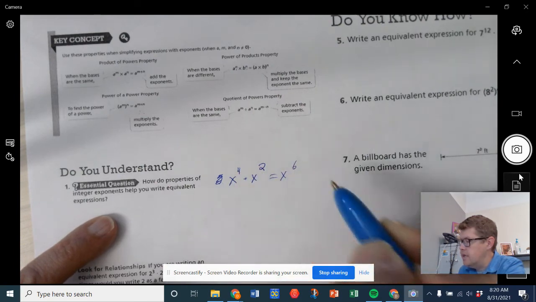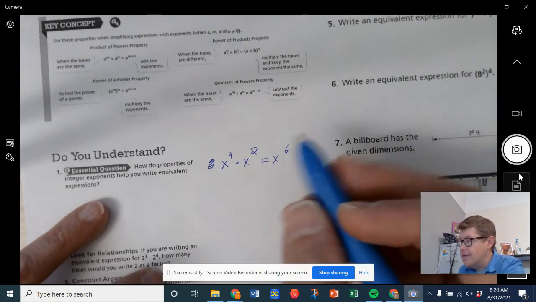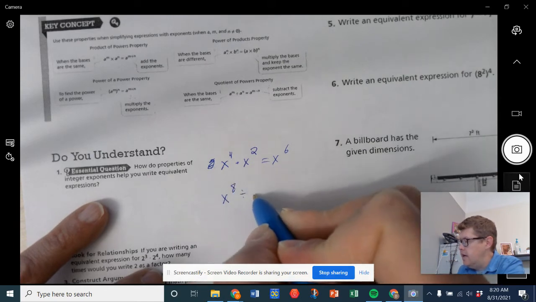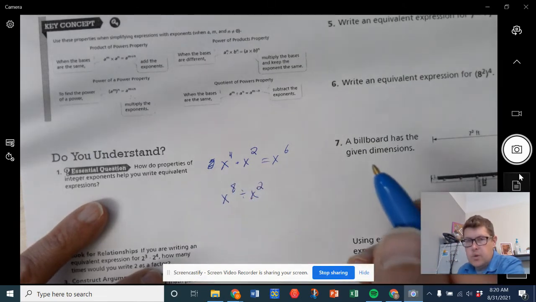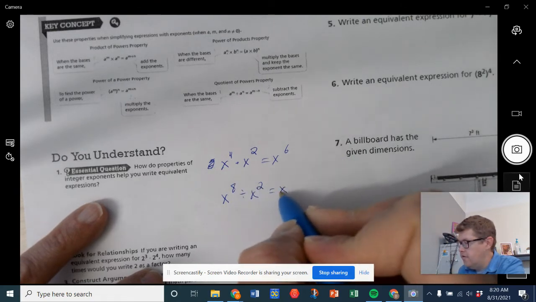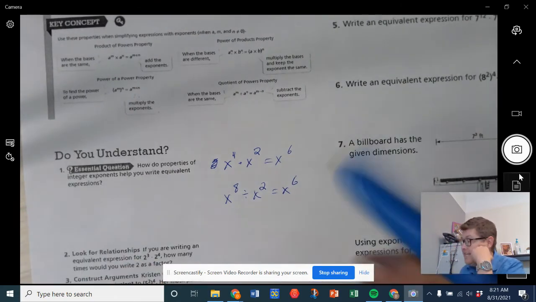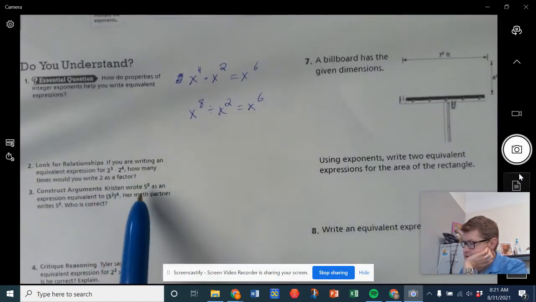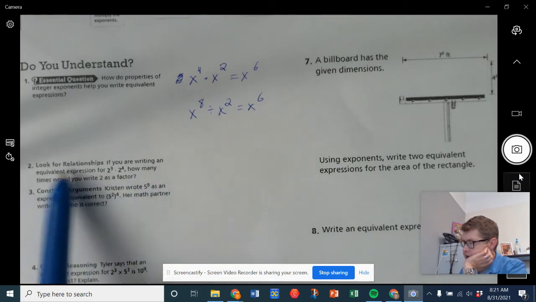I end up getting x to the 6th. Now that x to the 6th is technically the same as x to the 8th divided by x squared, right? Because I subtract the exponents. So those are equivalent expressions, right? I can get to the same answer using different ways, like that. So, yeah, look for relationships.